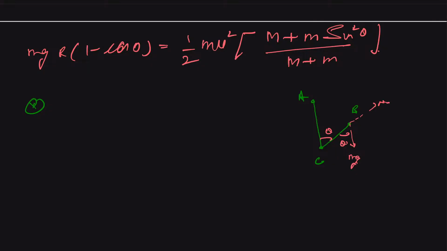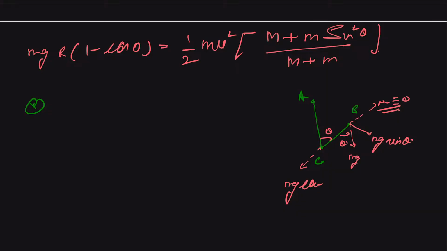So we can divide mg into two components: mg cos of theta, and mg sin of theta. And we know that the loss of contact means the value of the normal should be equal to 0. This is the meaning of the loss of contact.